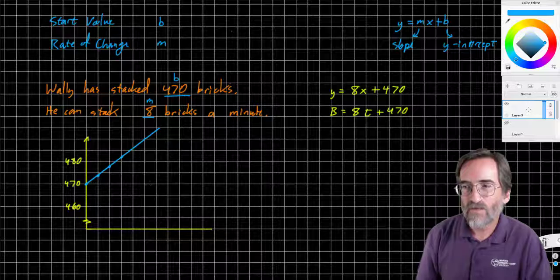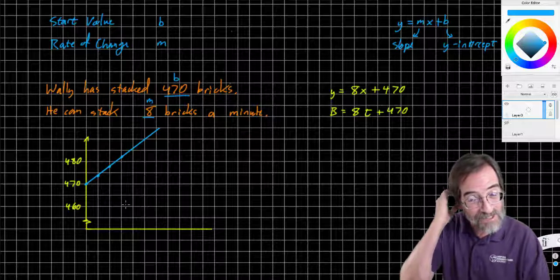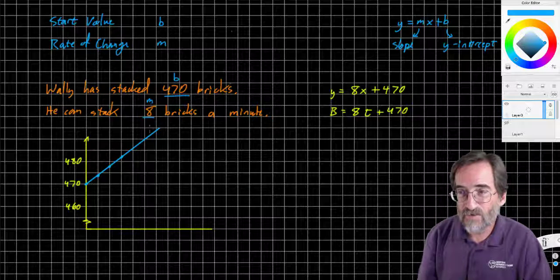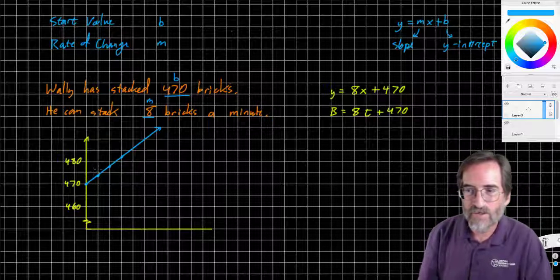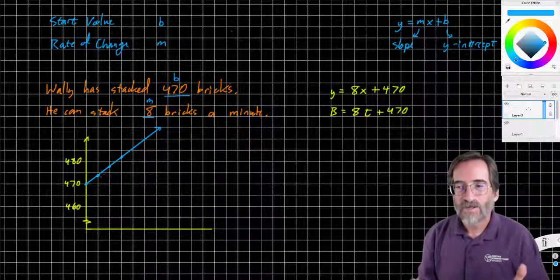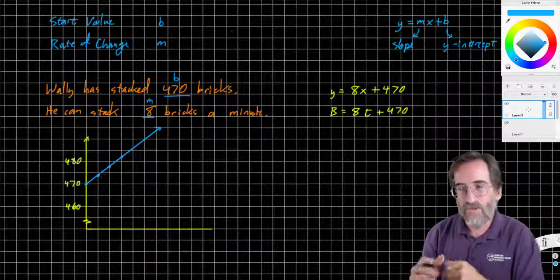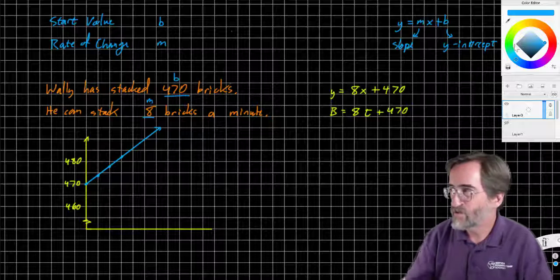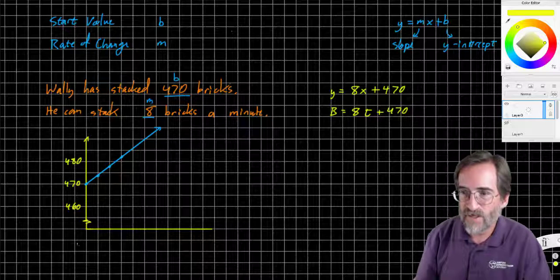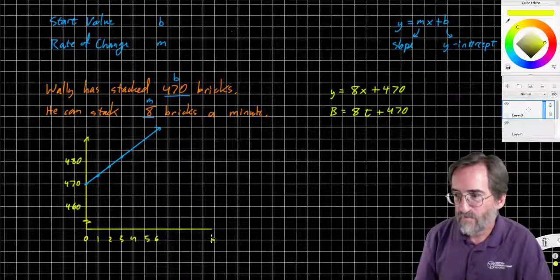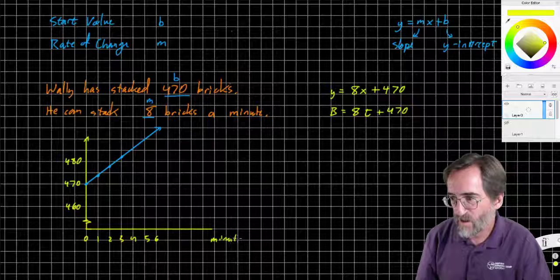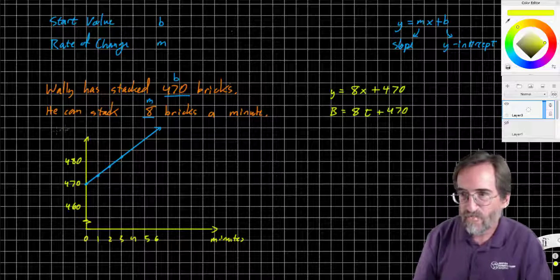So this is not really a continuous case, but it would be difficult to do it as single dots because you can stack 8 bricks per minute. So while the output is discrete, the input is continuous. Right, and we should have an x scale. So 0, 1, 2, 3, 4, 5, 6 minutes and bricks.